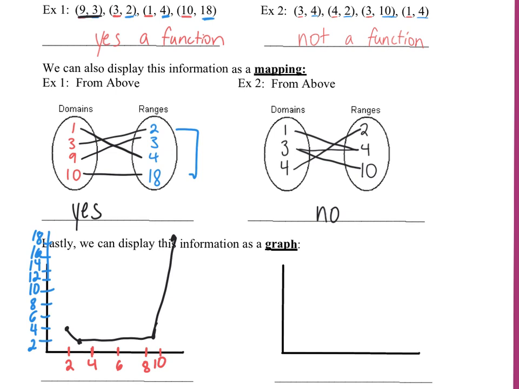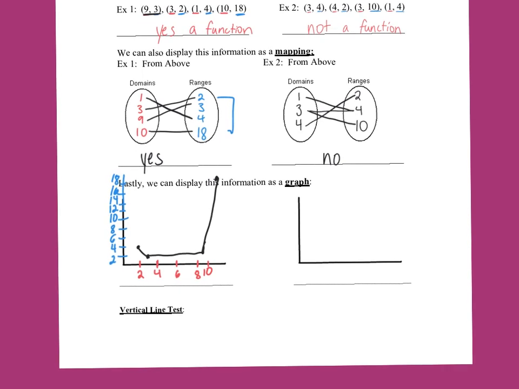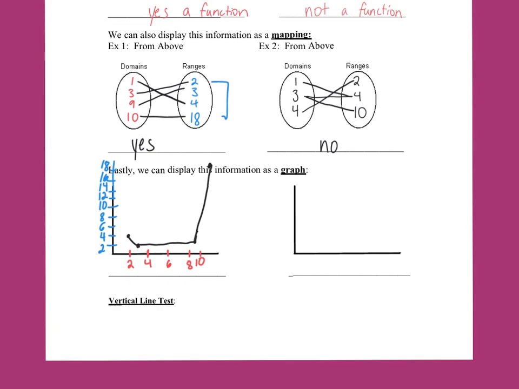And how to tell by looking at a graph if something is a function or not is through what we call the vertical line test. Okay, what kind of line is a vertical line? Up and down, right? So what I want to do is draw a vertical line.